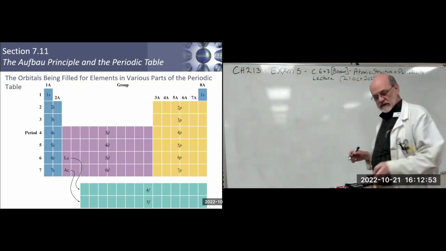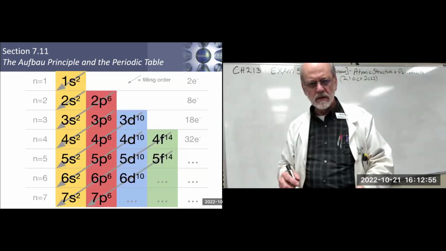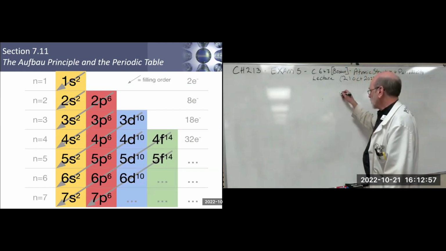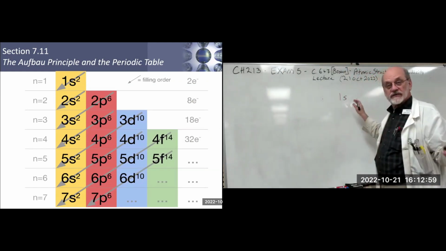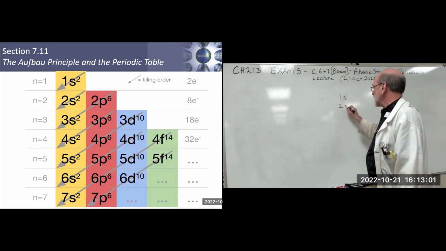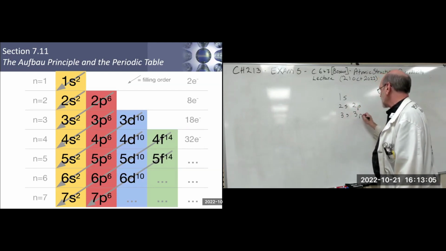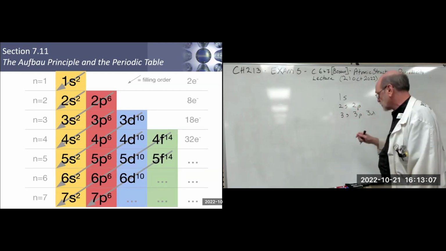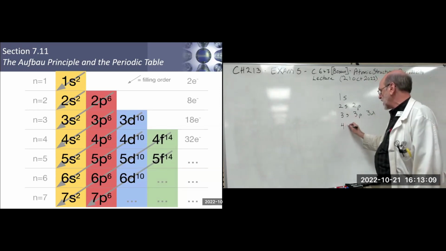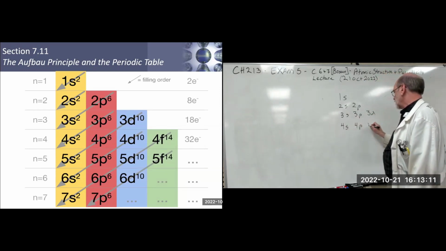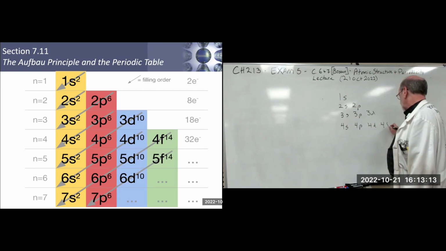So what you do is, you say, what can you have? You can only have a 1s. That's it. You can have a 2s and a 2p. You can have a 3s, a 3p, and a 3d. You can have a 4s, a 4p, a 4d, and a 4f.